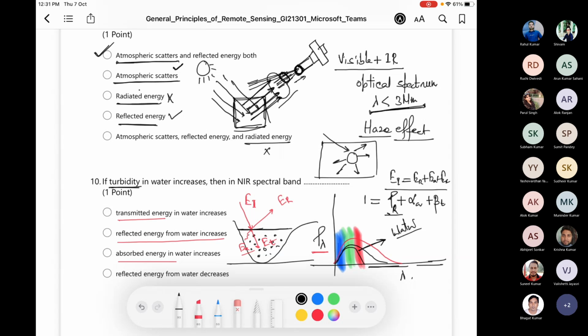So when reflected increases due to increase in turbidity, from this equation, because the addition of these three is 1, this will decrease and this will decrease. Obviously, reflected energy does not decrease, it increases.